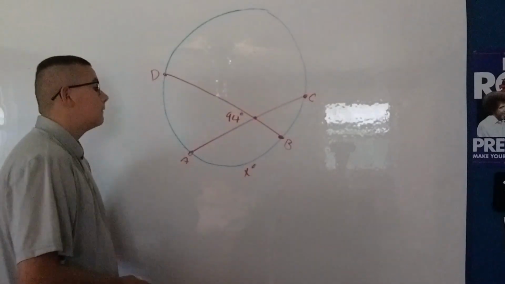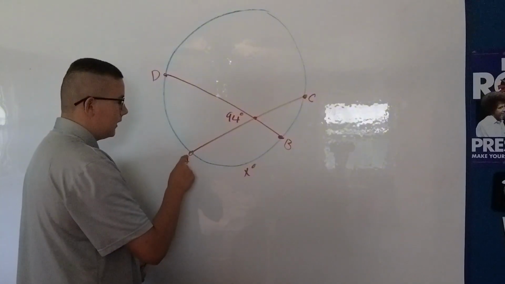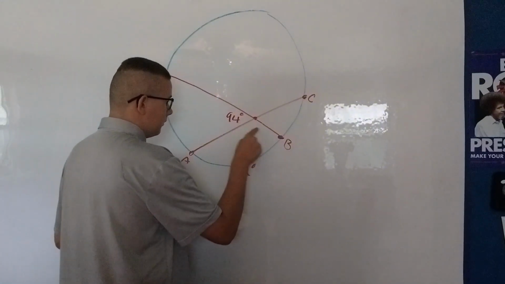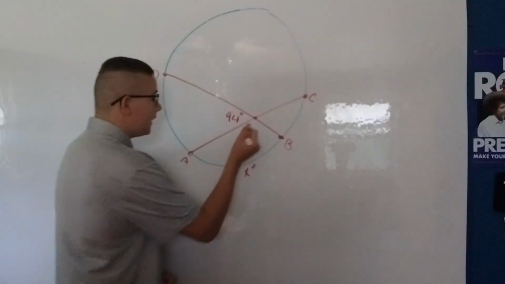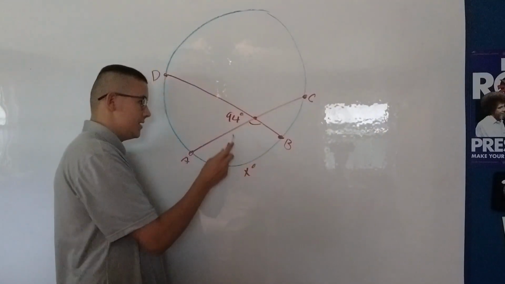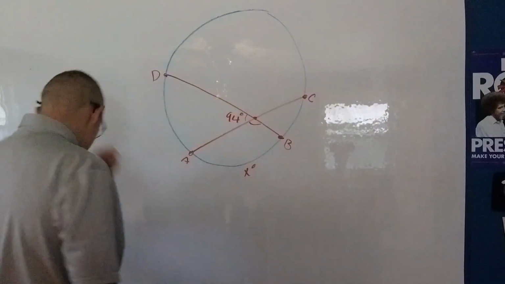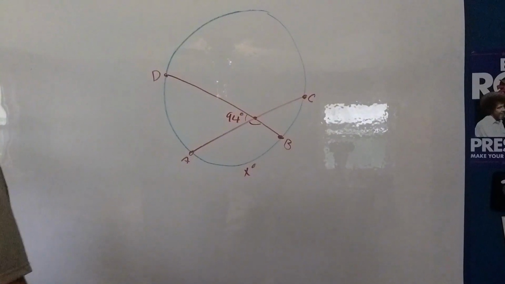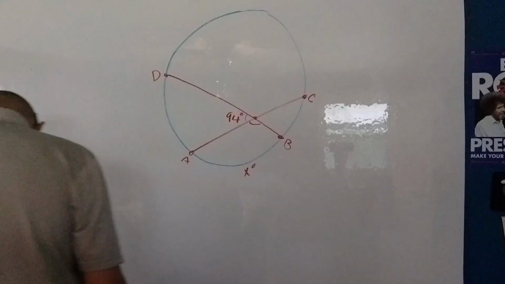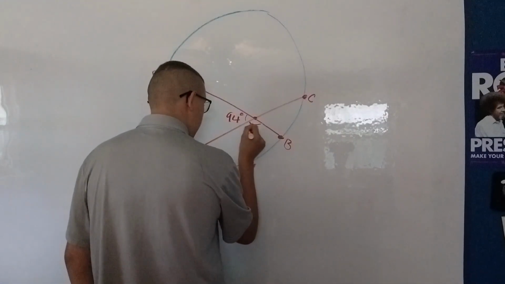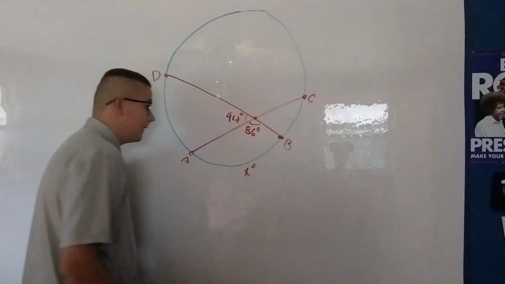Okay, so first we want to find this angle right here. Well, we know that this angle is going to be supplementary to this angle. So we can do 180 minus our 94. That gives us 86 degrees.